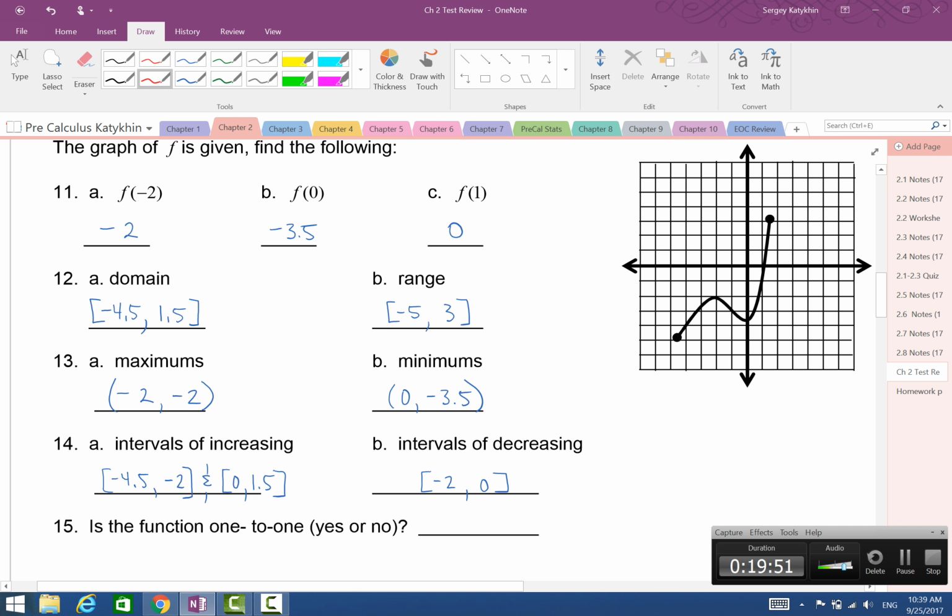Therefore, this is not a one-to-one function because it does fail the horizontal test. It is a function, it does pass a vertical test, but to know if it's one-to-one, it has to pass also the horizontal test, which it does not.